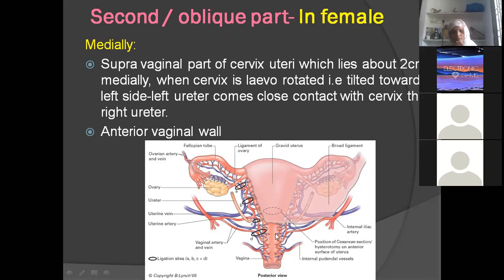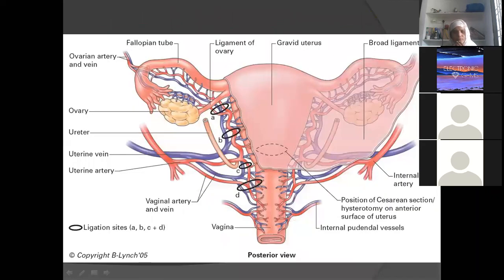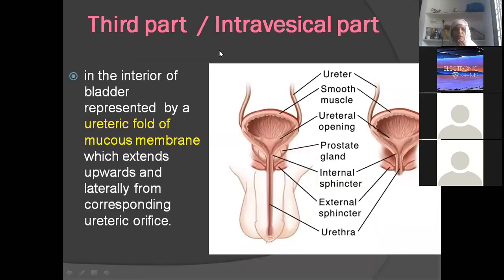It moves like this. So the course is like this. Only difficult, we should not get confused. We should be careful not to ligate the ureter instead of the uterine artery. Like during surgeries, we should ligate the uterine artery, not the ureter.